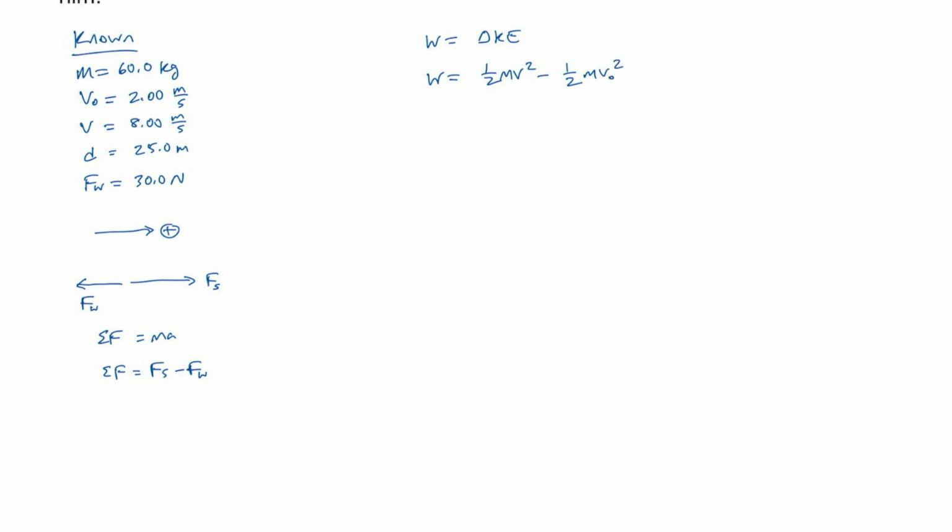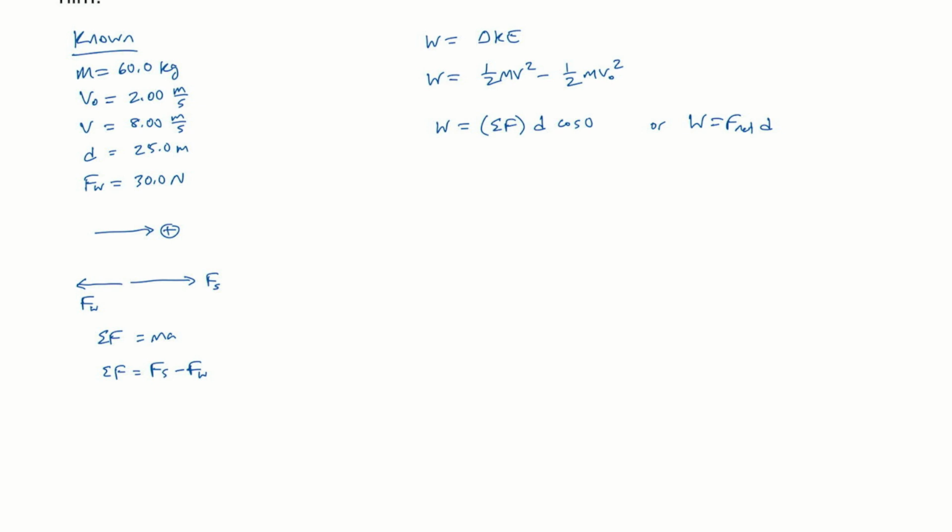We also know that work is equal to the sum of the forces times d times the cosine of the angle between them. In this case, that's going to be 0, so let's put cosine 0. Or we can also use work is equal to F net times d times the cosine of 0. I'll stick with the first one.